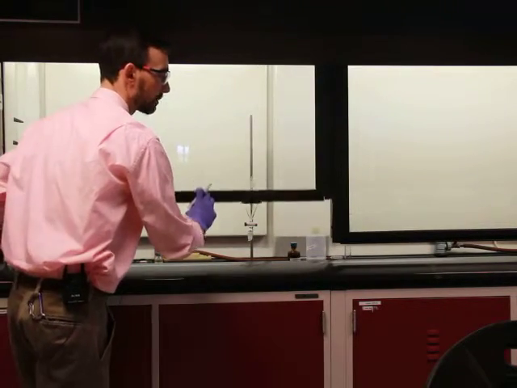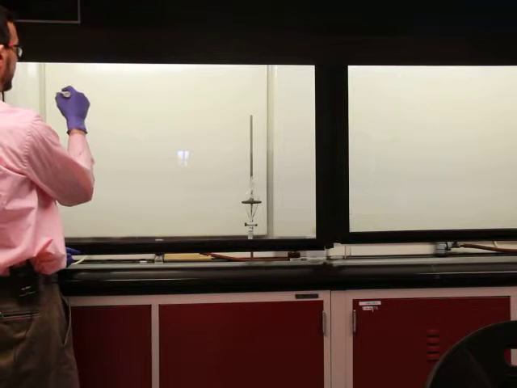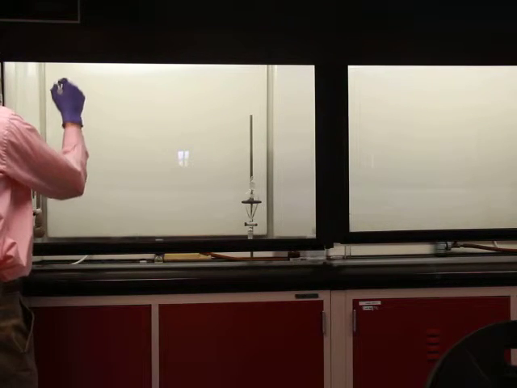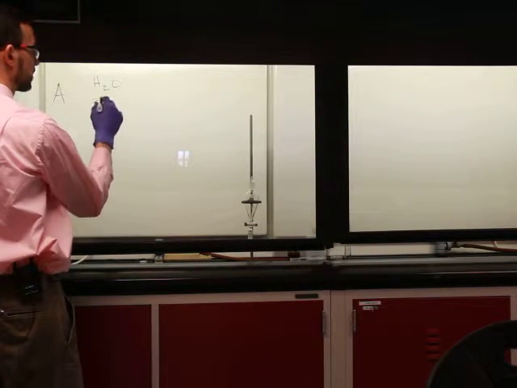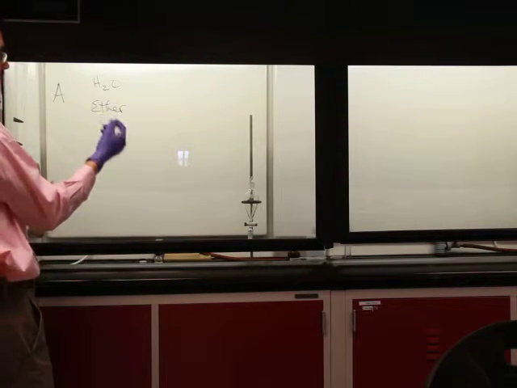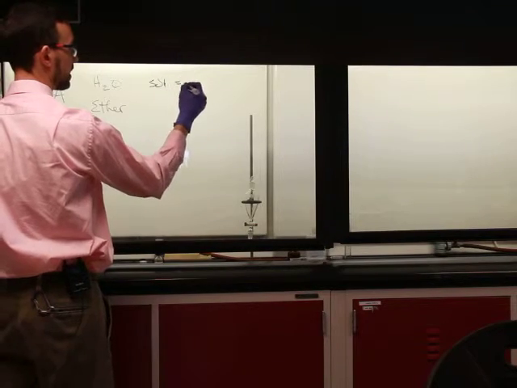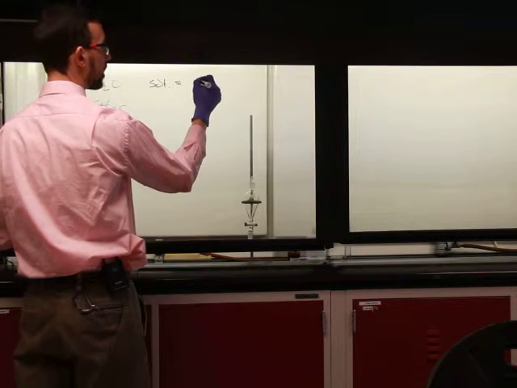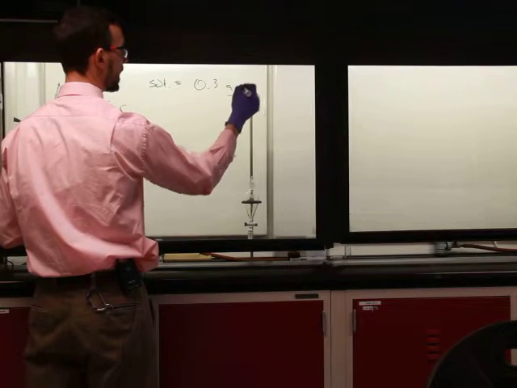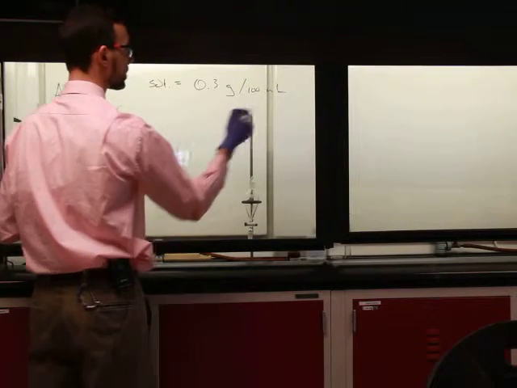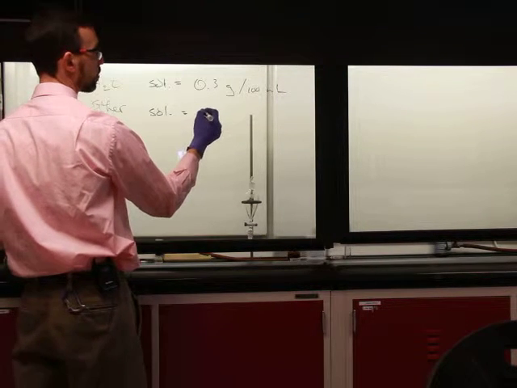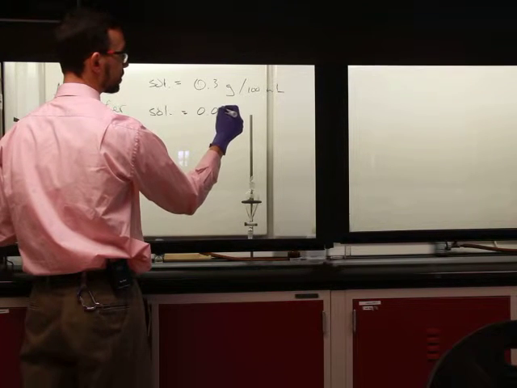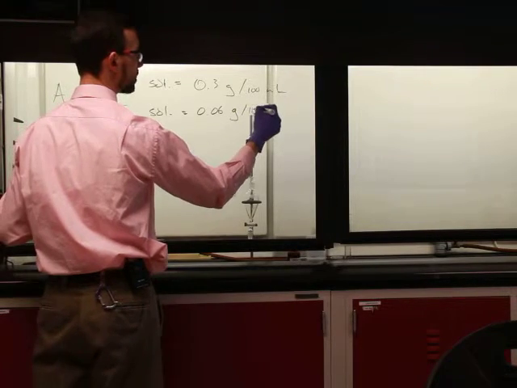So in the laboratory, if a compound A has solubility in both, let's say, water and another solvent like ether, and we could quantify the solubility, let's say that the solubility in water was 0.3 grams per 100 milliliters, and the solubility in ether was 0.06 grams per 100 milliliters.